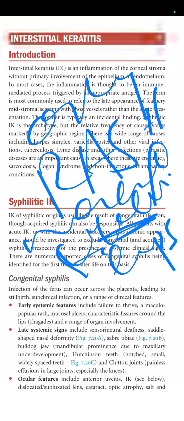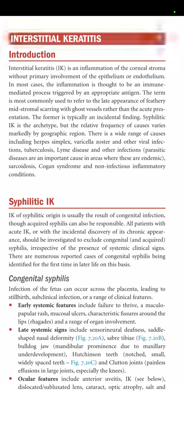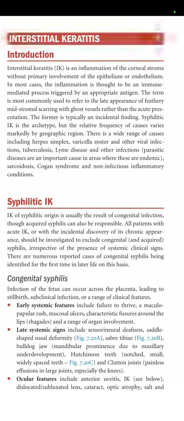Now, the late systemic signs include sensorineural deafness, saddle-shaped nasal deformity, saber tibiae, bulldog jaw, mandibular prominence due to maxillary underdevelopment, Hutchinson teeth, which are notched, small, widely spaced teeth, and Clutton joints, painless effusion in large joints, especially the knees.